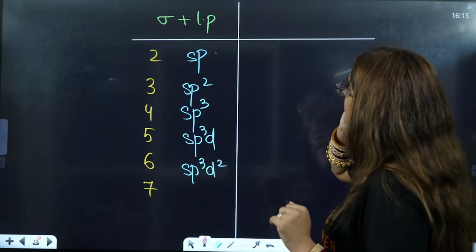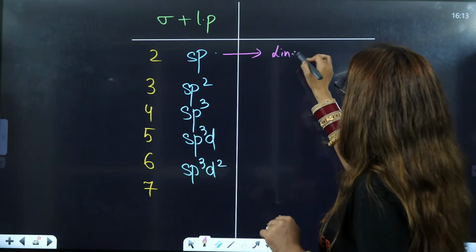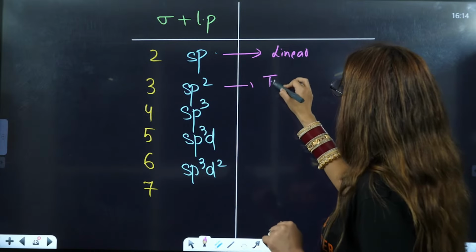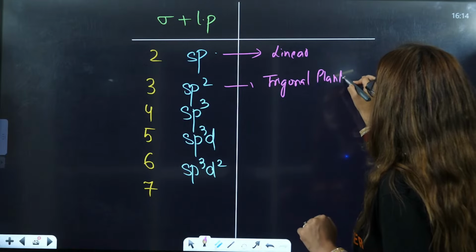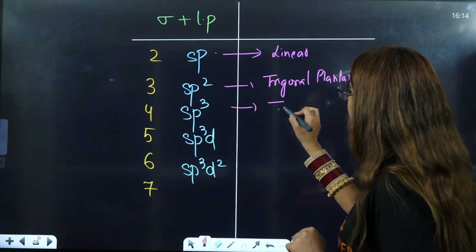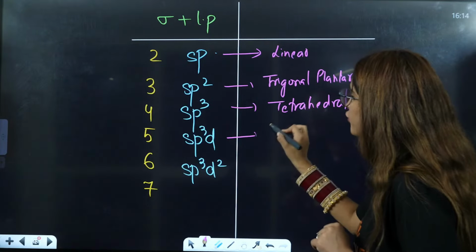So 2 corresponds to linear, 3 to trigonal planar, and 4 is tetrahedral. This chart you have to remember in the exam.